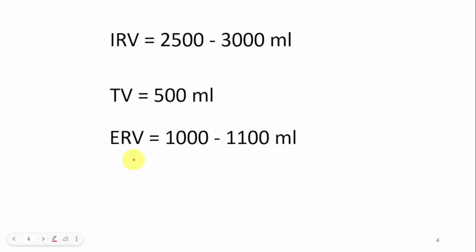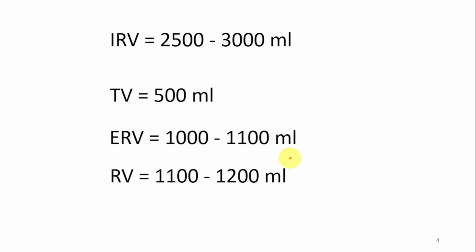ERV is additional volume of air one can expire by forcible expiration, 1000 to 1100 ml. And the last one is RV, which is residual volume, the volume of air that remains in lung after forcible expiration. It is 1100 to 1200. So I have not done just mugging up. I have understood it very well. So it should sink in your mind. Okay, now we will focus on the capacities.